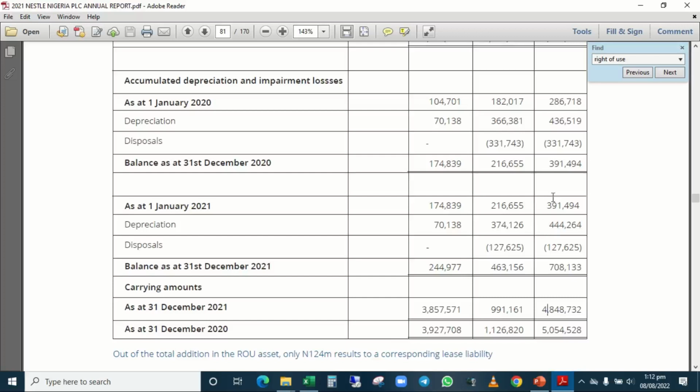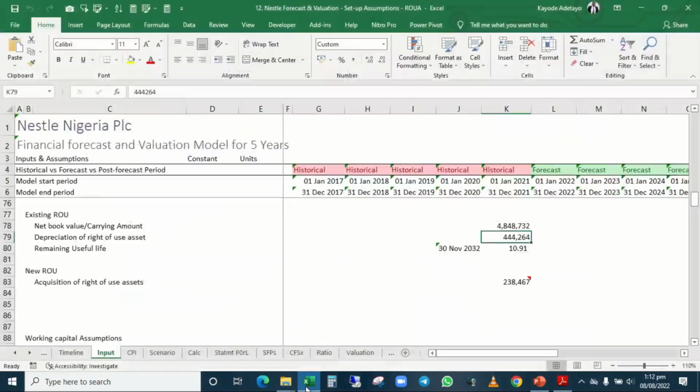So we are looking at this depreciation against the net book value of the right of use. So in a nutshell, if we continue to charge this amount on a yearly basis, how many years will it take to exhaust this net book value?